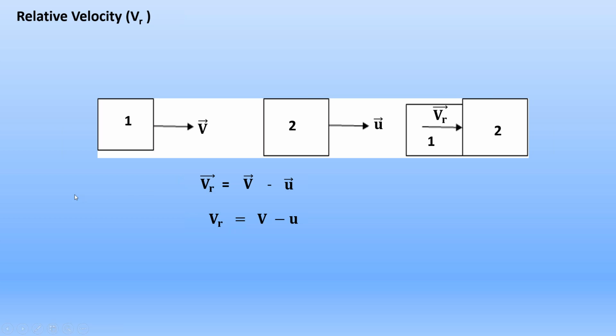So please follow the diagram carefully. If the second body is in rest condition, then the first body strikes the second body with absolute velocity v bar.